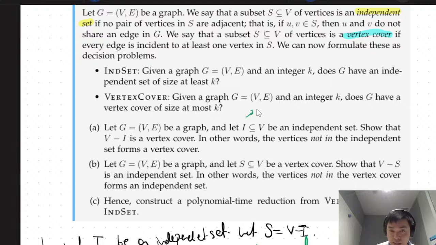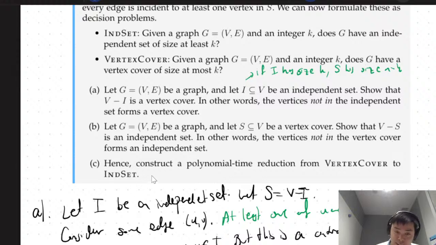So what that tells me is, if I has size k, then S has size n minus k. So in fact, finding an independent set of size k is equivalent to finding a vertex cover of size n minus k. And so all we need to do here is to just write k prime to be equal to n minus k, and then we get a new instance of independent set.